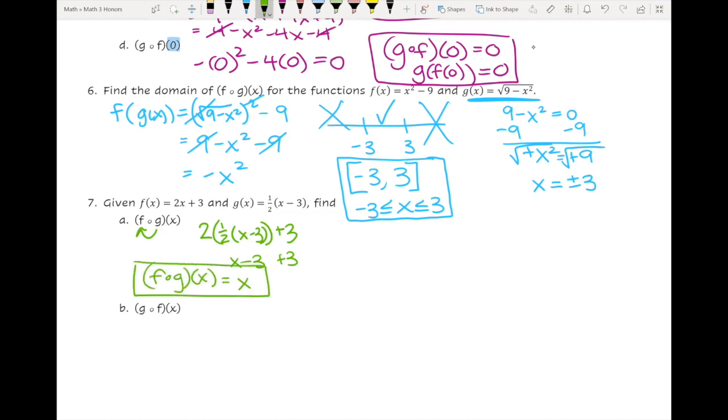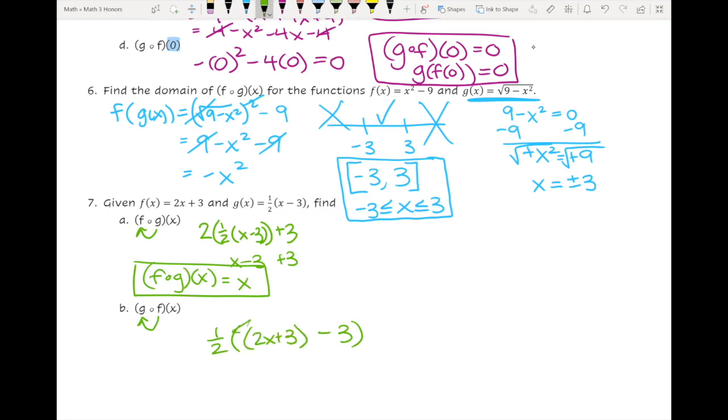Next up, they want the g of f of x, which means that the f function is being subbed into the g function. So instead of 1/2 times x minus 3, I have to do the entire f of x function minus 3. All right, so my f of x function is 2x plus 3, and I will put this in parentheses.